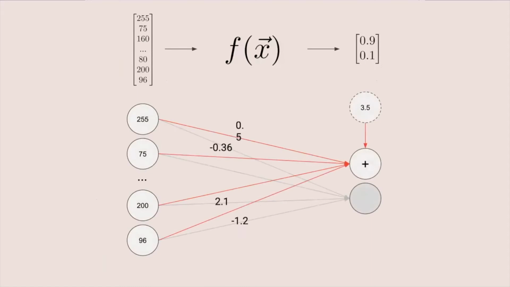And then we can expand this function term into being more along the lines of a neural network, specifically in the form of neurons. And as we can see, each of the input values, the 255, 75, are applied with a weight and then added together with some bias, and that will output the result.